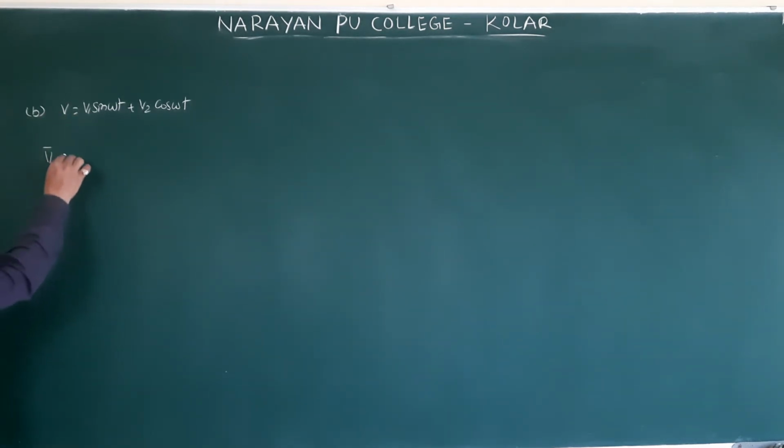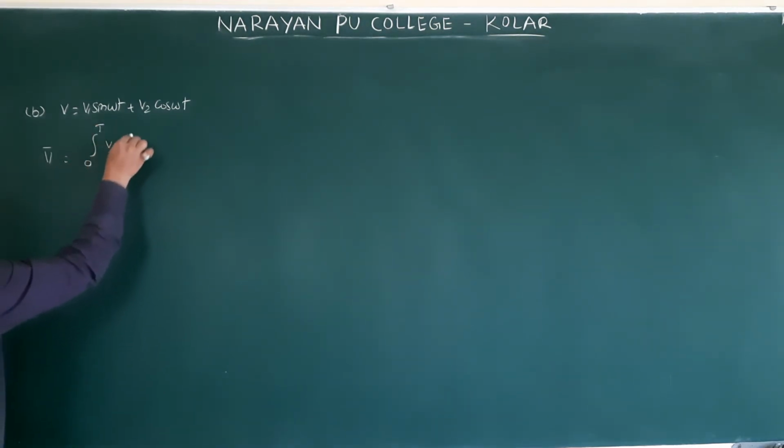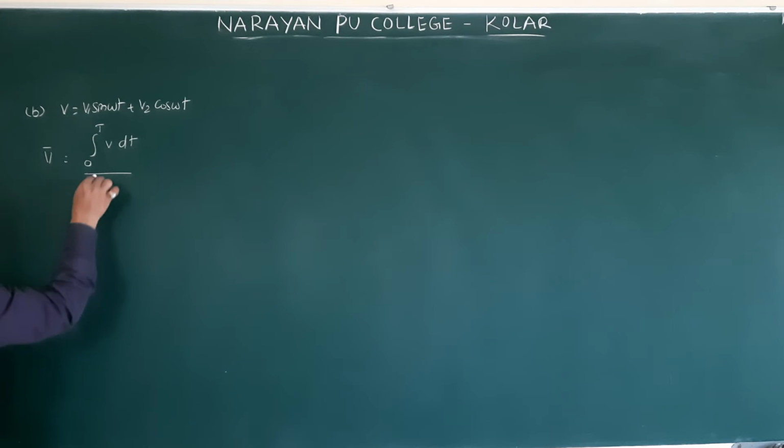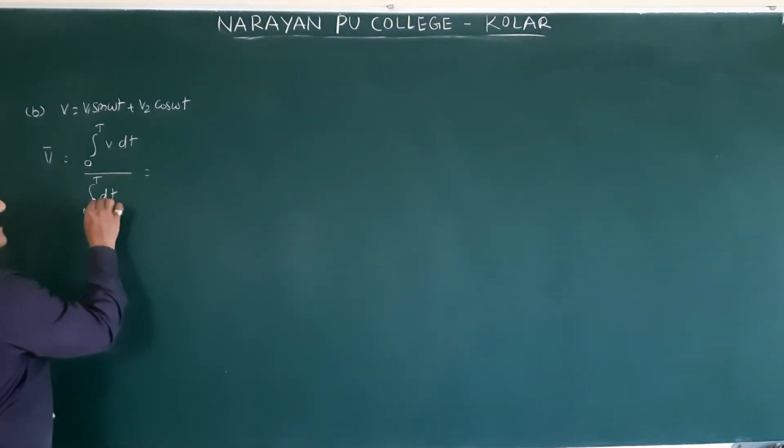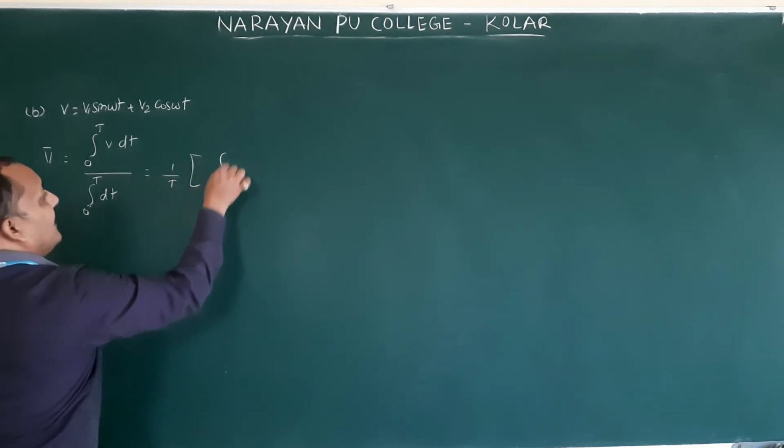What is the formula? Integral 0 to t of v dt divided by integral 0 to t dt. Correct? Just in case of x you have to write v. This value is going to become t. Therefore 1 by t integral 0 to t.